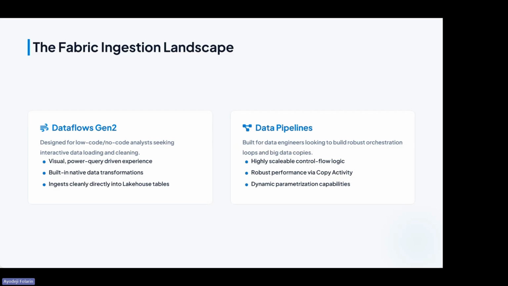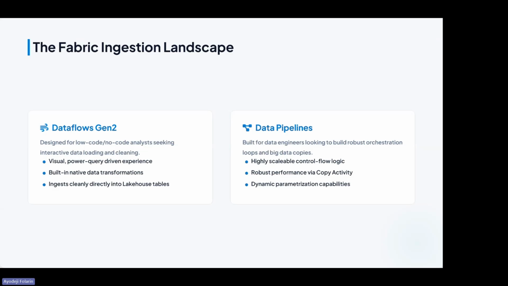Let's look at the second part of what we call Data Factory. The second part is the data pipeline. Number one, when we talk about the data pipeline, it is built for data engineers looking to build robust orchestration loops and big data copies.